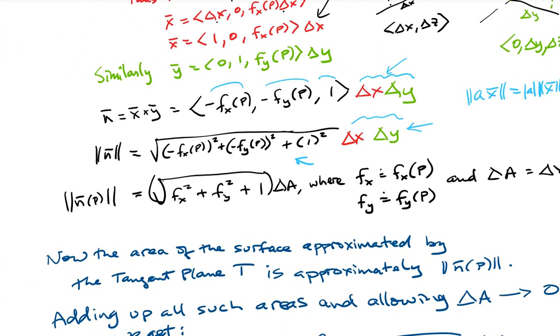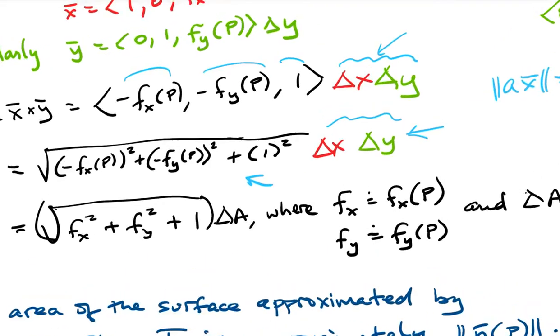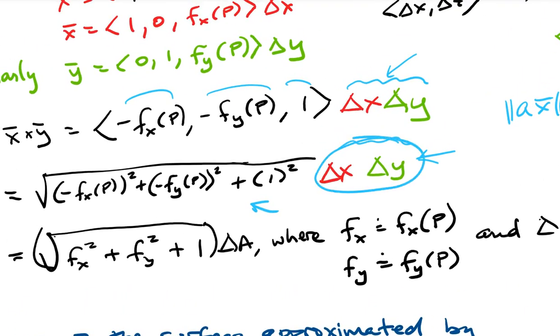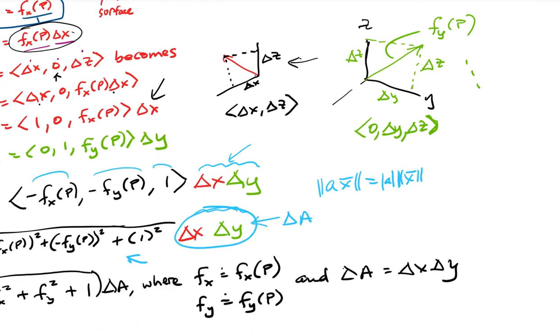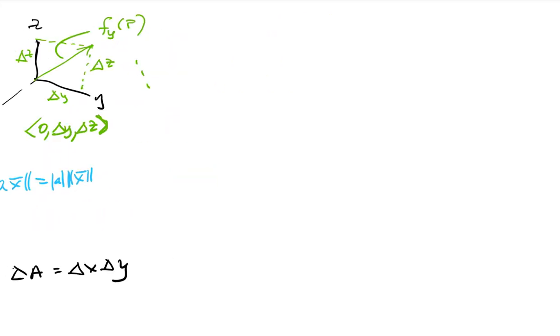So that is this delta x, delta y. This is delta A, right? These are the lengths here of the two vectors. See, what you have is your vector x bar, and then your vector y bar.